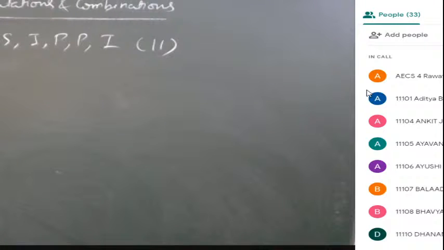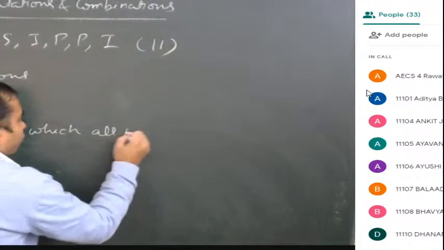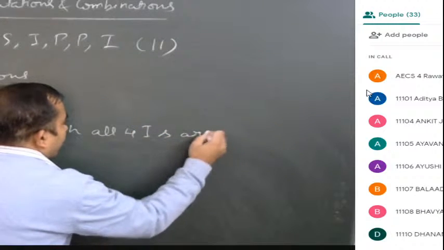Let us find total permutations, and then I will find the number of permutations in which all four I's are together. Permutations, arrangements, or number of words are all the same thing. Order matters; the only important thing here is order.